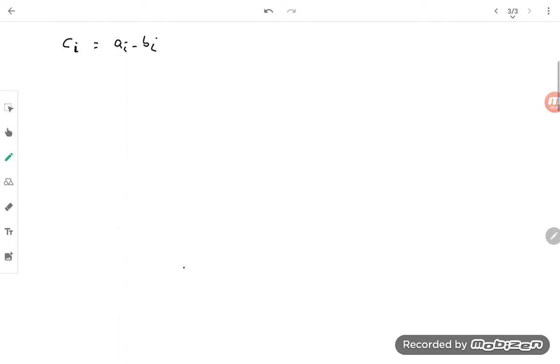So if it is C1, it will be A1 minus B1. If it is C node, it will be A node minus B node, and so on. Also, with respect to alpha and beta, we can write gamma i equals alpha i minus beta i.